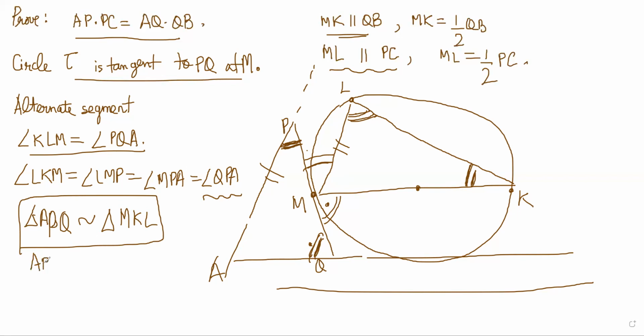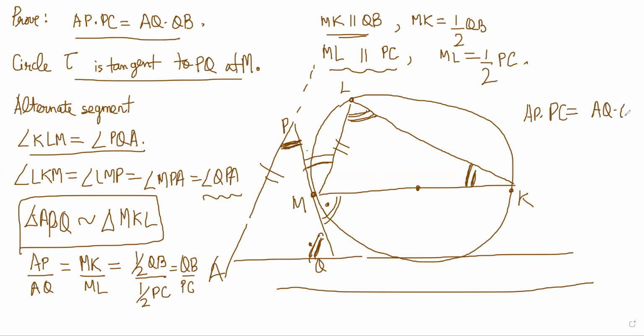AP by AQ, the sides opposite to this and this, should be equal to MK by ML. MK by ML is actually half of QB and half of PC, so it is QB by PC. So you get AP into PC is equal to AQ into QB.